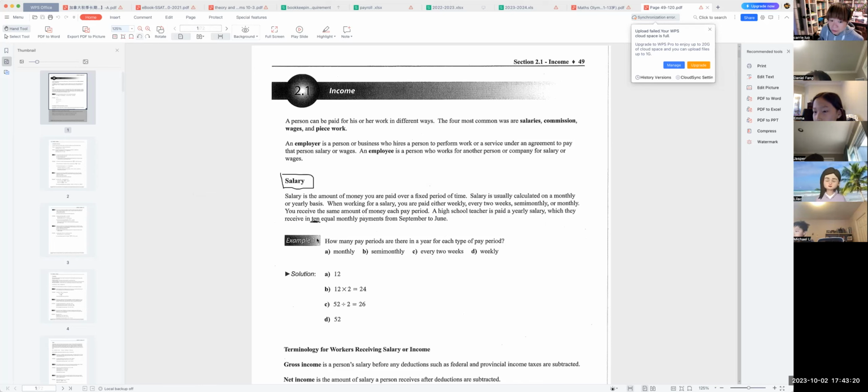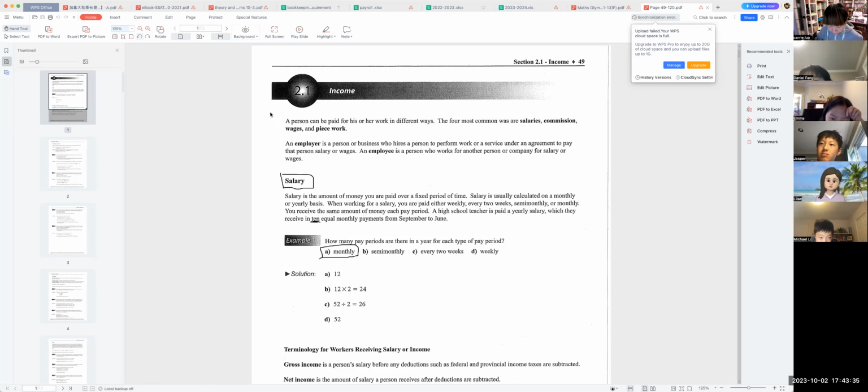So how many pay periods are there in the year for each type of period? If it is monthly, everybody, how many times are you going to get paid, Jasper? 10 times? 12 times? Monthly, regular. For teachers it is 10 months, but for regular people paid monthly, how many payments? 12.